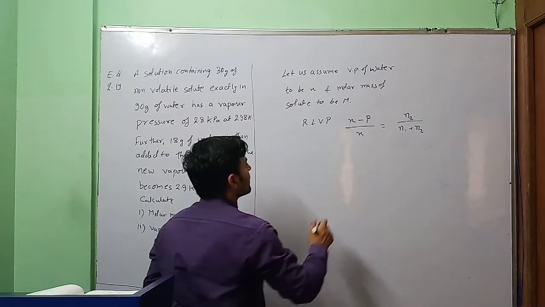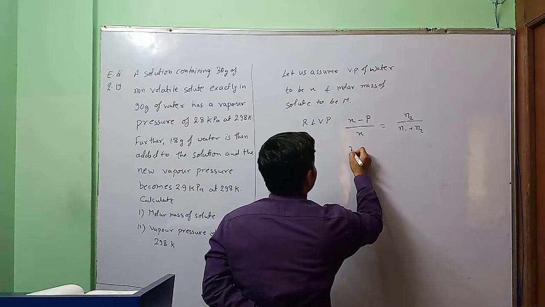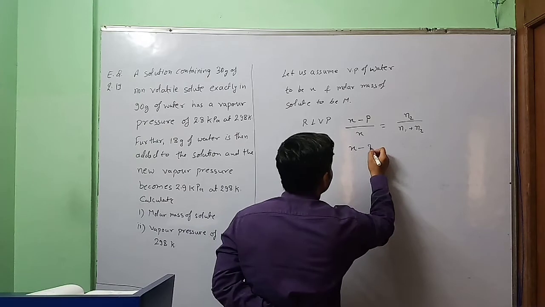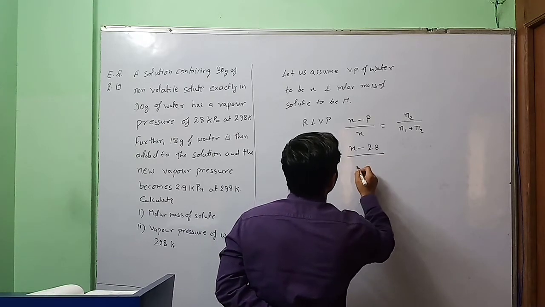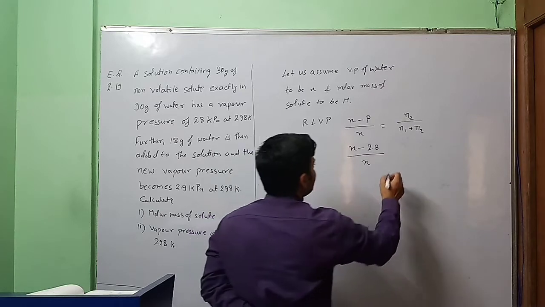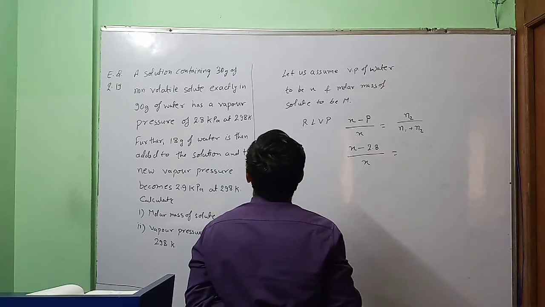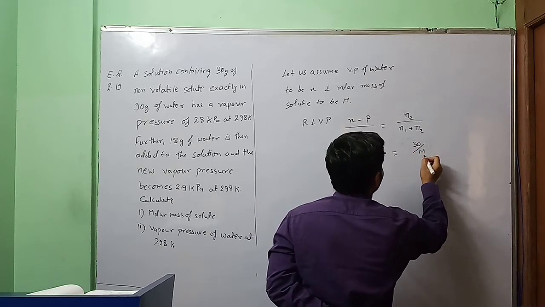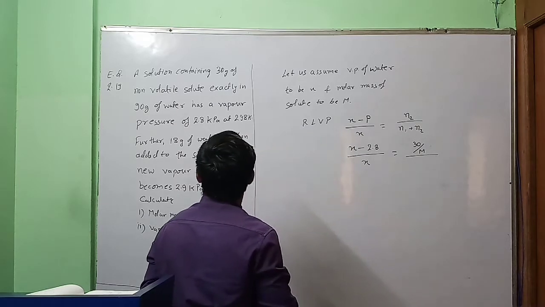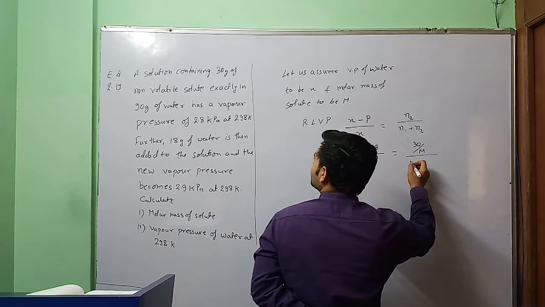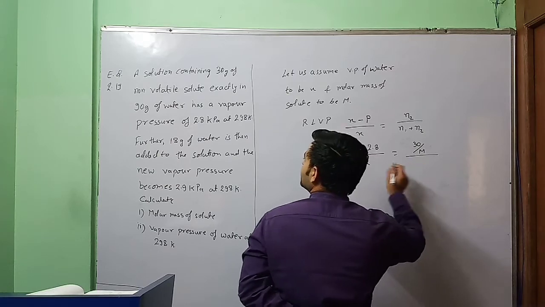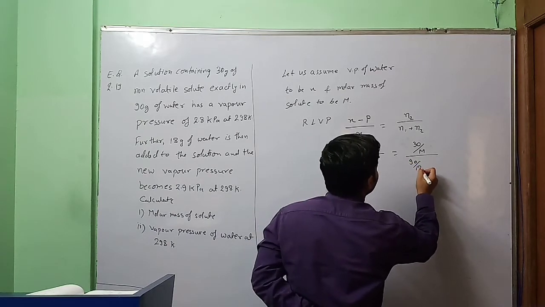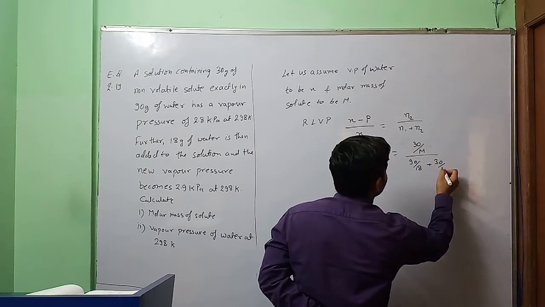Now X we have to find, P is given for the first case as 2.8 kilopascal. So X minus 2.8 upon X equals n2, the number of moles of solute. The given mass of solute is 30, molar mass we have supposed M, so 30 upon M, divided by the number of moles of solvent, that is 90 gram of water, so 90 divided by 18, plus 30 upon M.